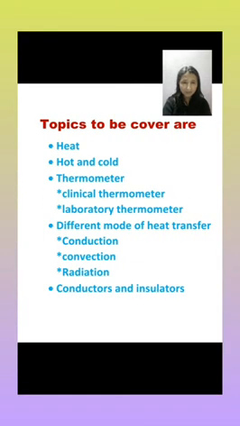Topics to be covered in this lesson are what is heat, hot and cold, thermometer. In thermometer, we'll learn about clinical thermometer, laboratory thermometer, and the next subtopic is different modes of heat transfer, and again we'll learn about conduction, convection, radiation, and the last subtopic is conductors and insulators.